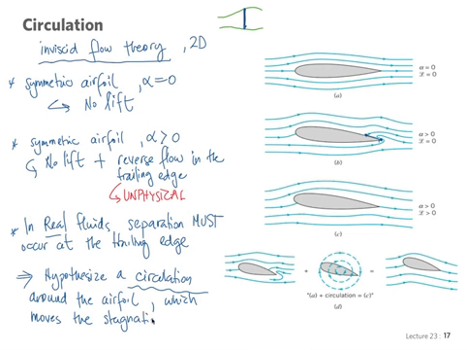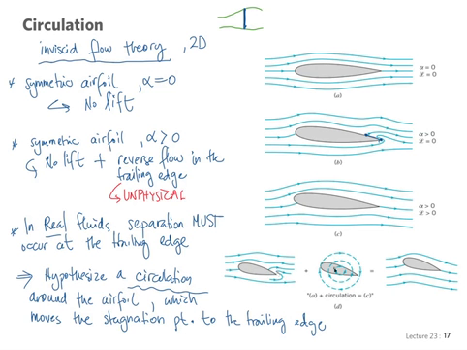And this circulation moves the stagnation point to the sharp trailing edge. This is represented in the sketch here by this situation. We have here the unphysical result from ideal flow of a symmetric airfoil traveling at a greater than zero angle of attack, with reverse flow in the back.